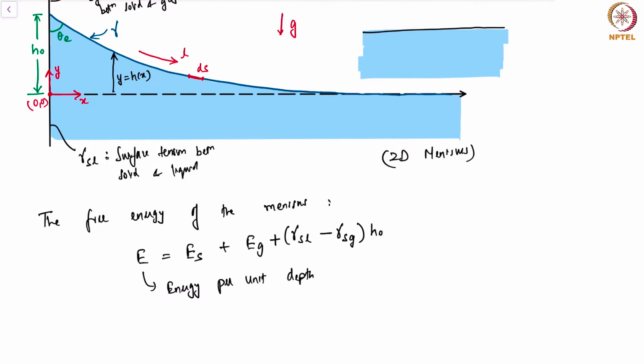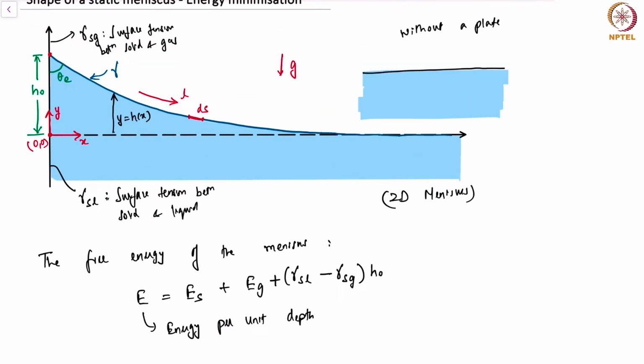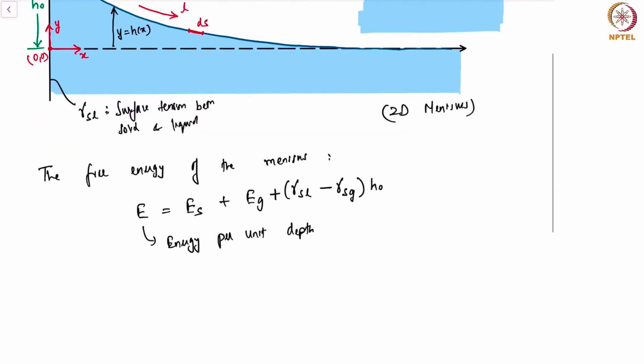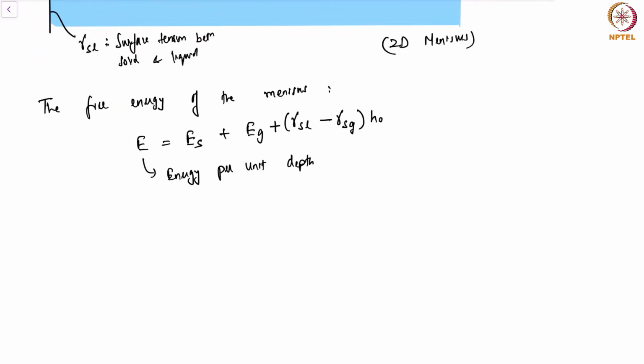So L at the contact line is equal to 0, and as L increases, I am going from the solid to the flat interface region. Okay, so let's start with the surface energy. That is ES, and this will simply be surface tension times the area.